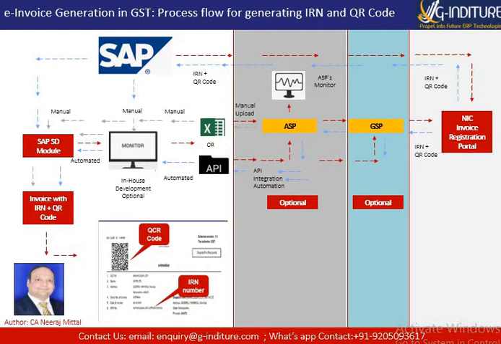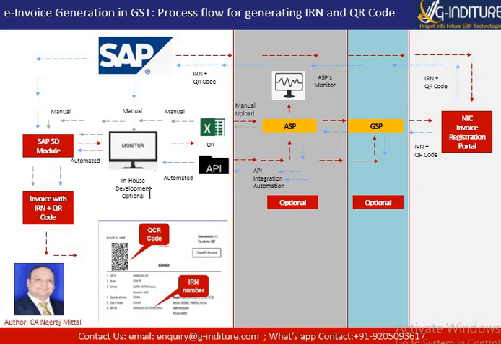You can transfer the particulars of those invoices to a customized, developed cockpit, a kind of monitor where you can see which invoices have been generated, which have been submitted for IRN generation, which ones have IRN numbers generated, or what the failure reason is. All this movement and monitoring can be done with a monitor you specifically develop in your SAP instance.